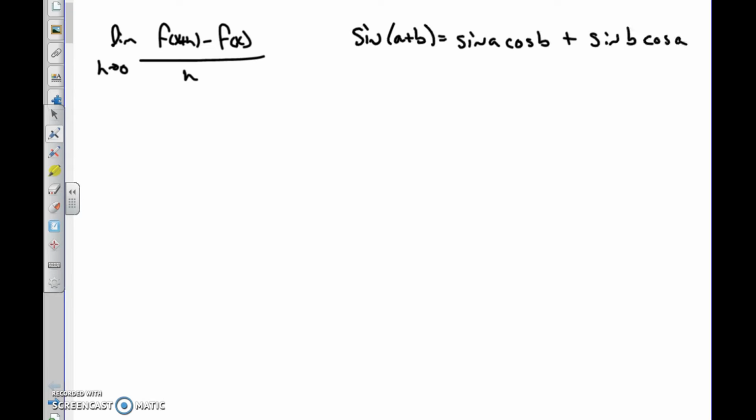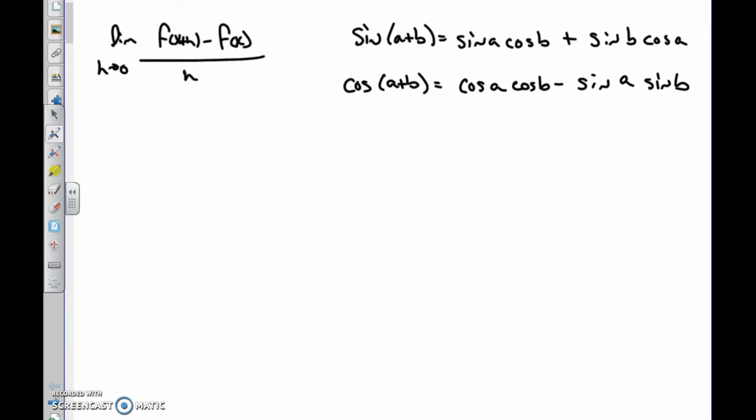We learned that in trig, and also we need to know the sum identity for cosine. So cosine of a plus b will equal cosine of a cosine of b minus sine of a sine of b. Okay, so that's something we need to remember from trig.